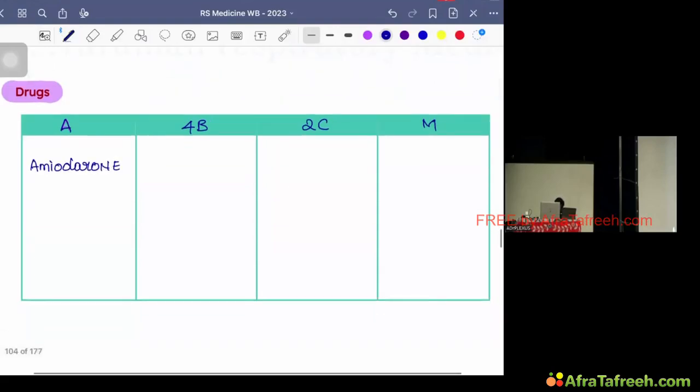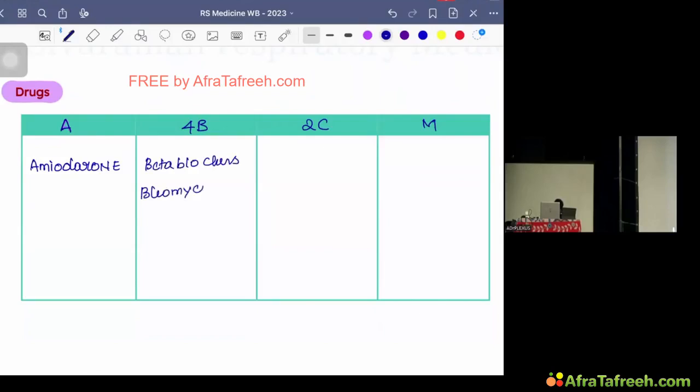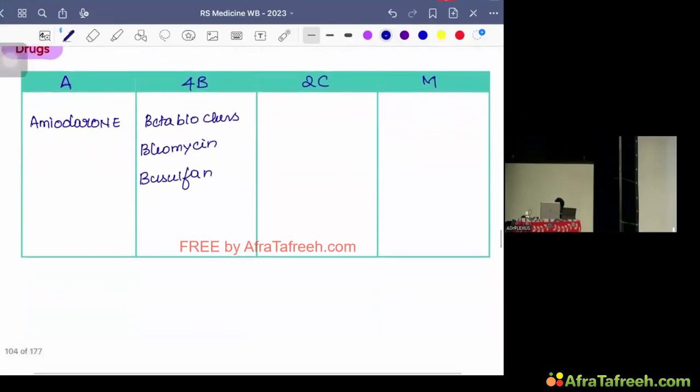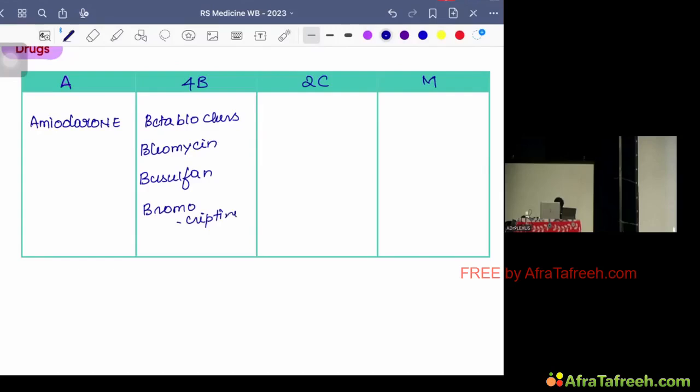For B: beta blockers, bleomycin, busulfan, and bromocriptine.